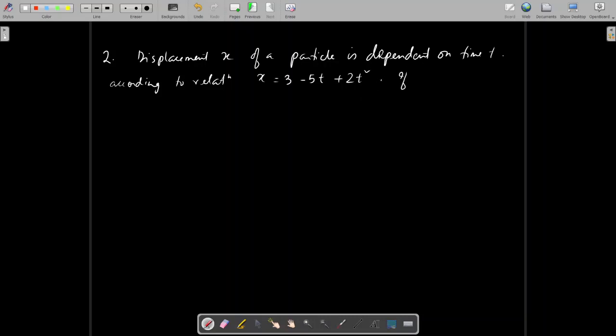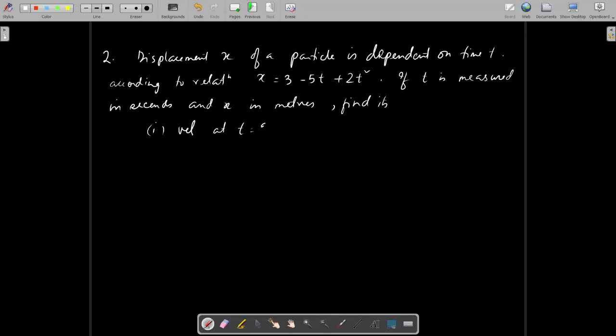Now if t is measured in seconds and x in meters, find its number one, velocity at t is equal to 2 seconds. Now they have given you that particular instant at which you need to find the velocity.